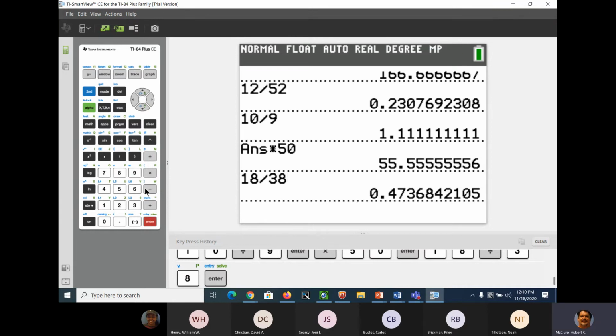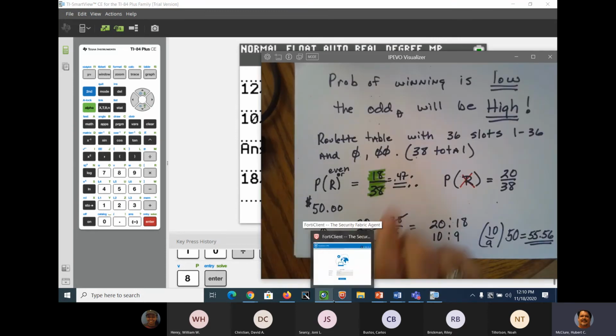The probability of winning at the roulette table, if you pick even, odd, black or red, is point what? 0.47. In Vegas odds, is that high or low? Anything above 0.1 is high for Vegas. So you've got a high probability of winning.